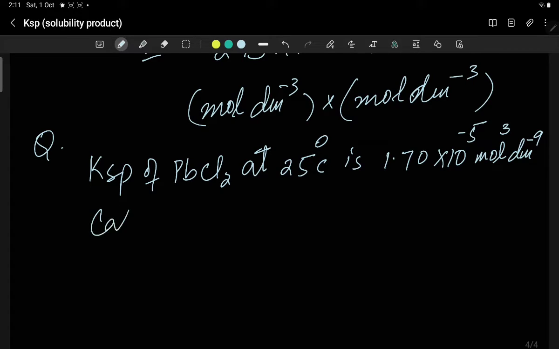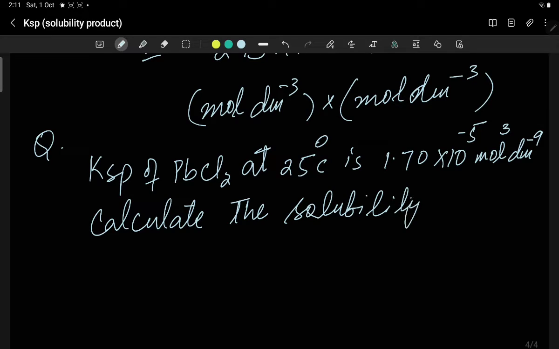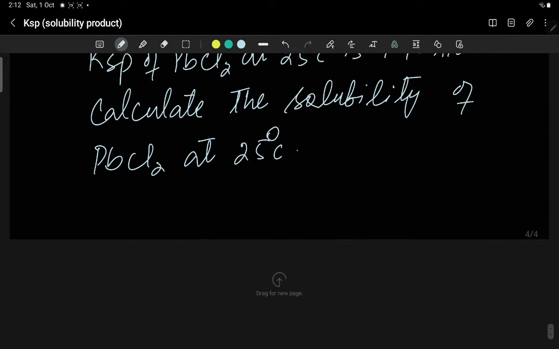Calculate the solubility of lead chloride at 25 degrees centigrade.